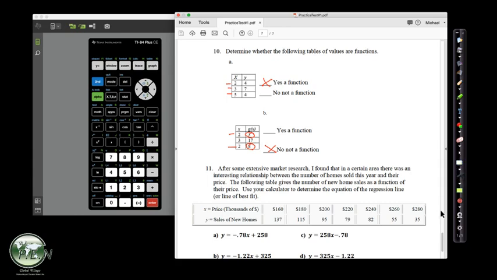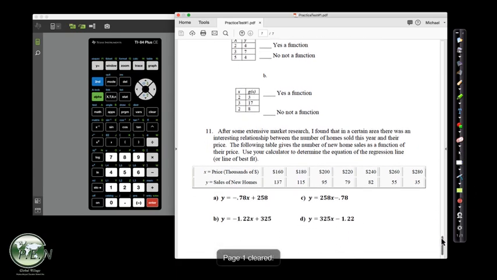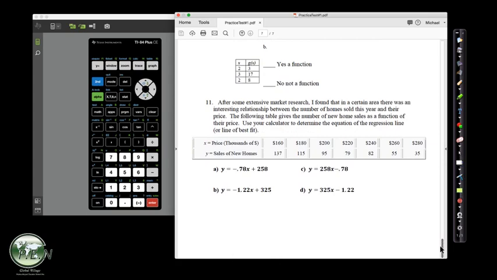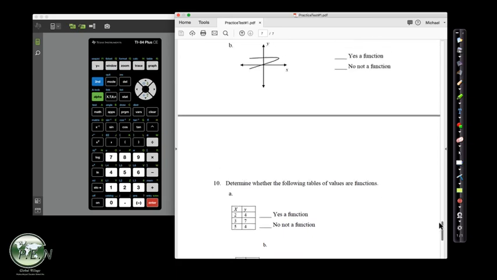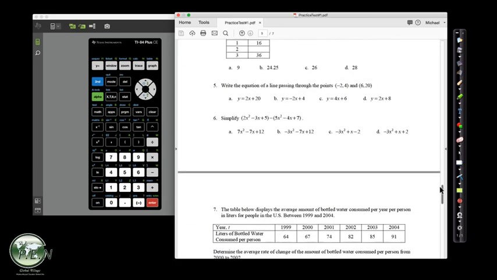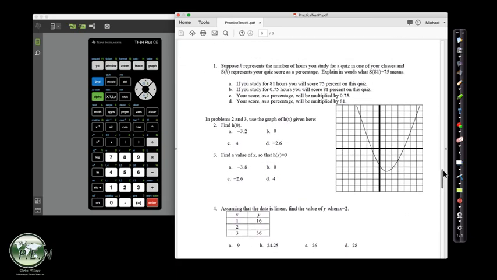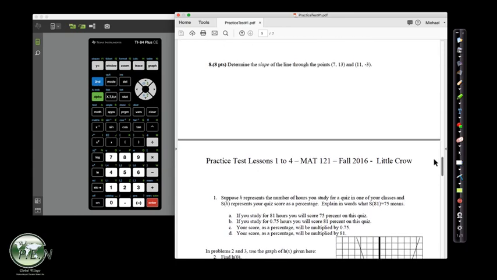Okay, and we're almost done because this one definitely was done with the regression, and there's really no other way to do it. I think we've just worked all the way through the practice test. Let's go backwards through it. There's some multiple choice ones I gave you.